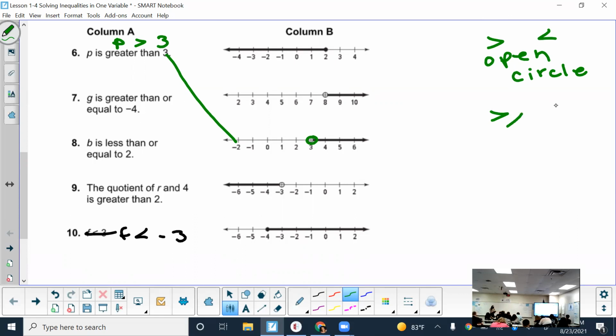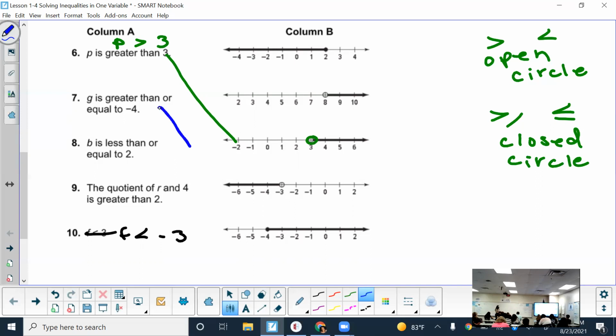Greater than or equal to or less than or equal to would be a closed circle. All right, so good. And the arrow points to numbers that are greater than 3, right? So 4, 5, 6, and so on are all greater than 3. Make sense?